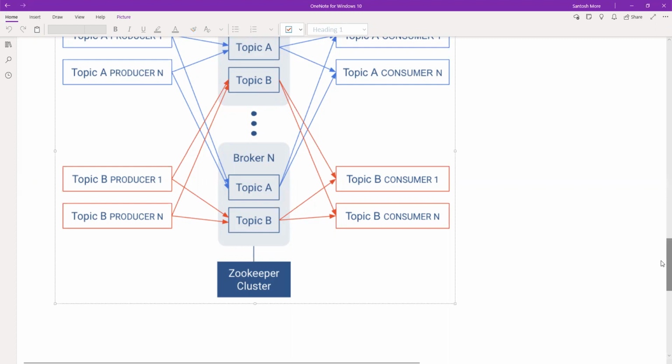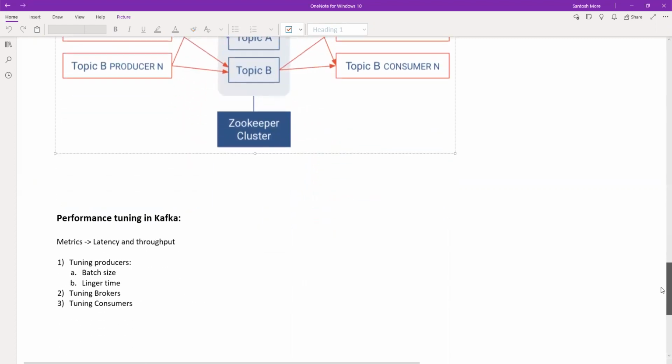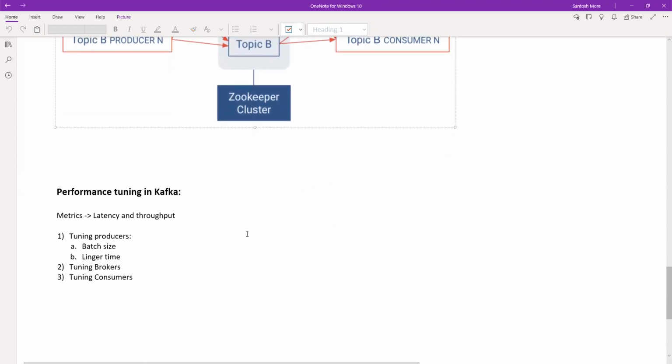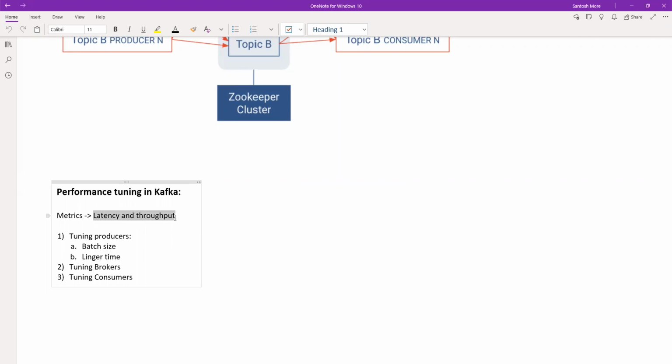Okay, and now if we slightly move on, this is one interesting thing I found, about achieving performance by performance tuning in Kafka. So what is the real performance tuning to be done in Kafka?